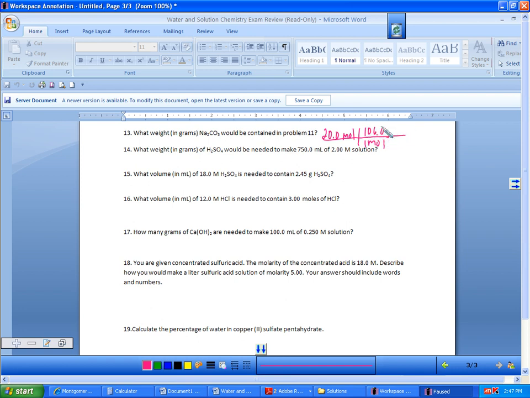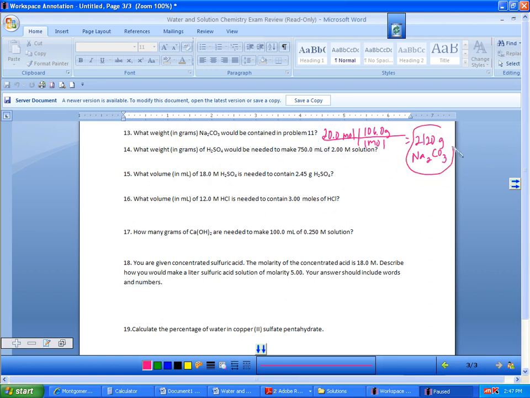So 106.0, I should have said. So if I multiply 20 times 106.0, I'm going to get 2,120 grams of Na2CO3. And I want 3 significant digits, so that works out grand.